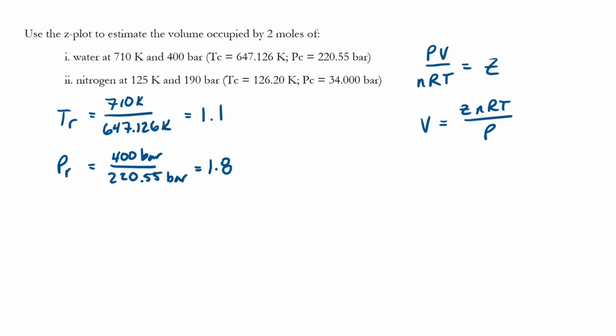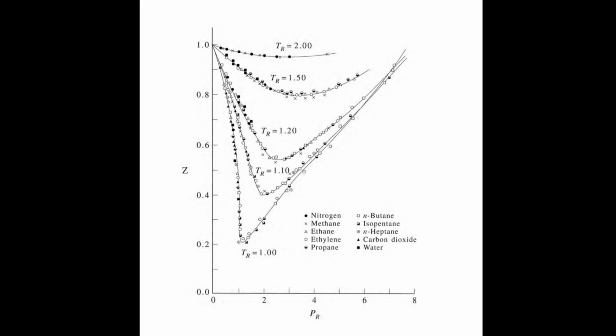So now that we have these reduced values for temperature and pressure, we take those over to the Z-plot, and now we can use those two values to find a value for Z. So we start on the bottom with the reduced pressure, and we're going to estimate 1.8 looks to be somewhere around here.